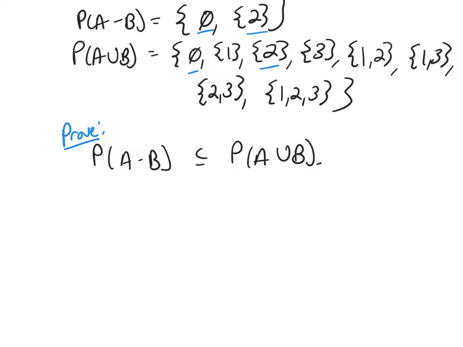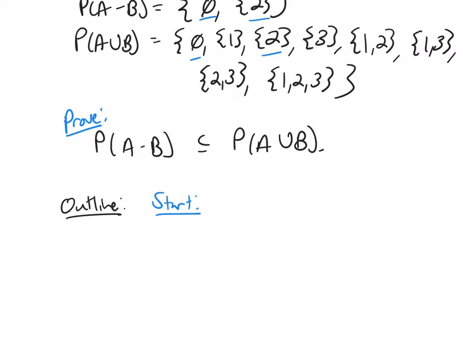So again, we're going to outline our proof. For the start of the outline, I need to take an element out of my power set of A minus B. And remember, the elements of our power sets are sets.